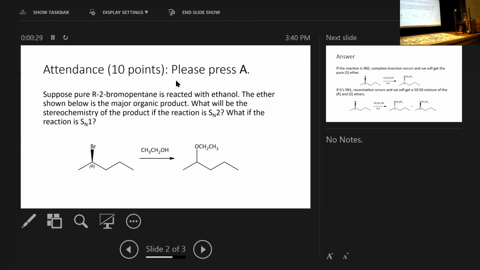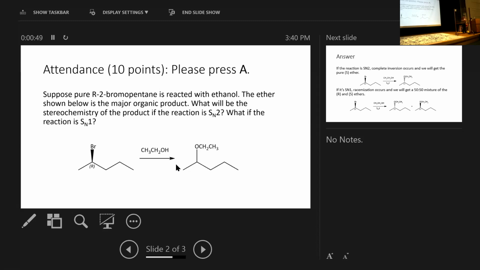Oh, good, very good. So we did something like this the other day, and this is really review from chapter 6. Let's take a secondary halide, and let's suppose that we have an enantiomerically pure R 2-bromopentane, which I've shown.